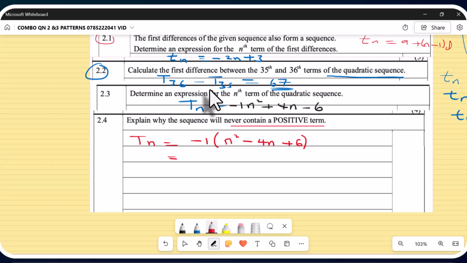So since (n - 2)² + 2 is positive for all n values, it means therefore our Tn will be negative, because of the negative 1.